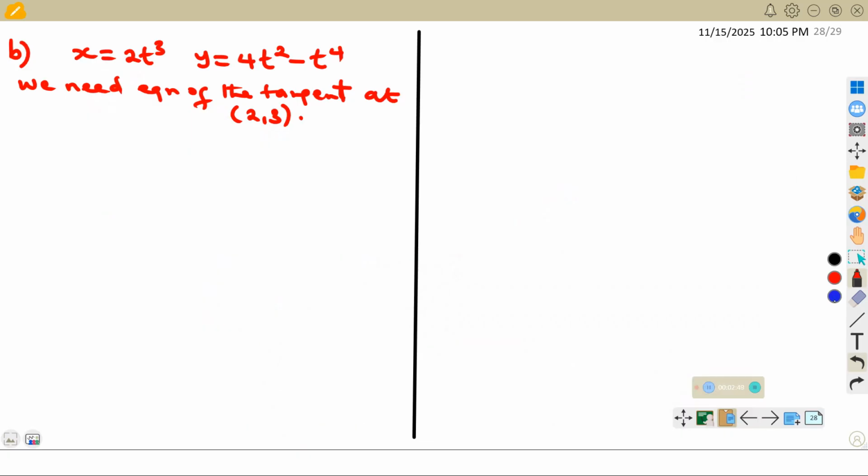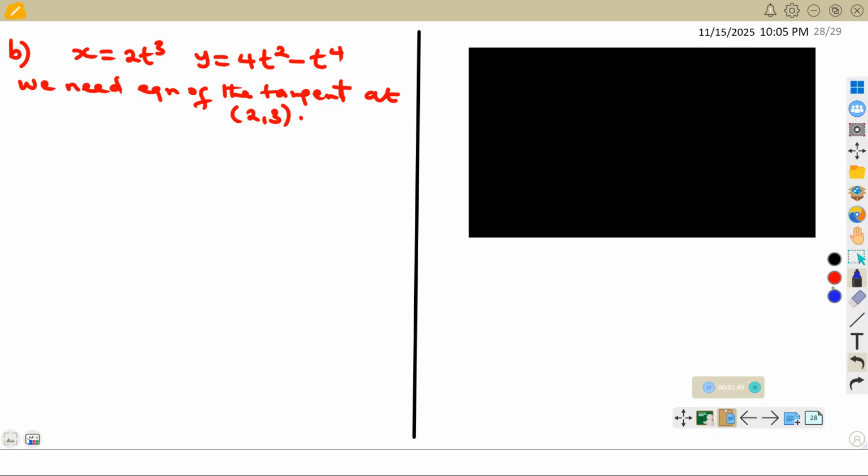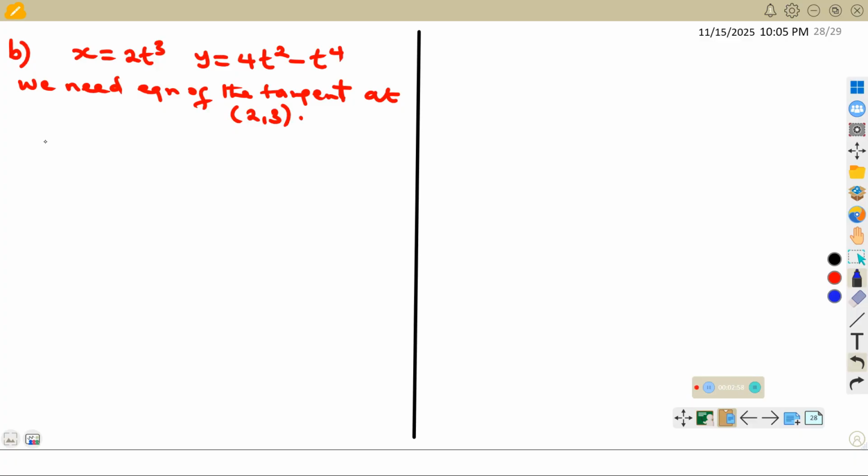Looking at the solution, we are interested in the equation of the tangent at this given point. To get the equation of the tangent, we must know the gradient of the tangent first. And to get the gradient of the tangent, we must know dy dx. Since we are given x as that, we can get dx dt.